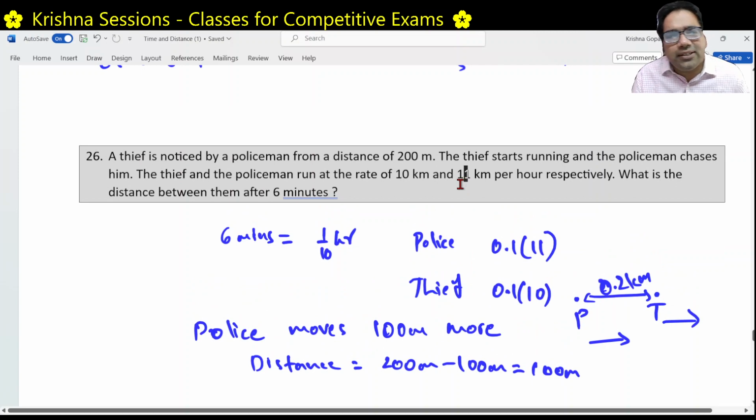Relative speed: when two objects are moving in the same direction, it is the faster one minus the slower one. So you can simply do 0.2 kilometers by speed of police minus speed of thief.